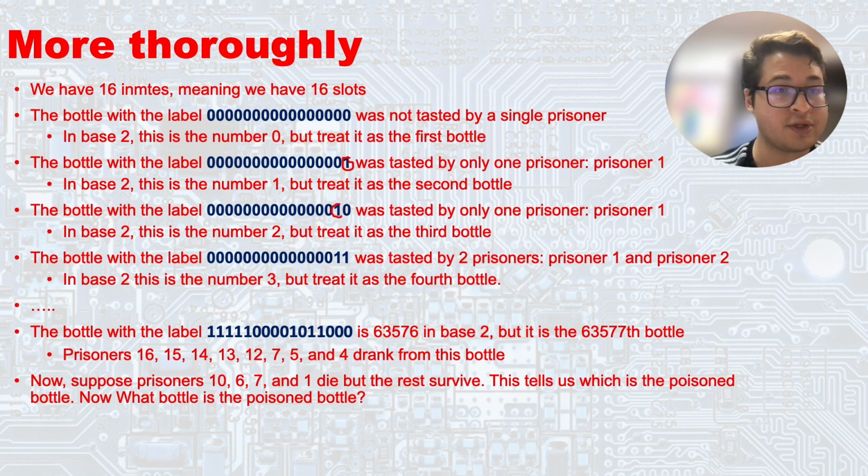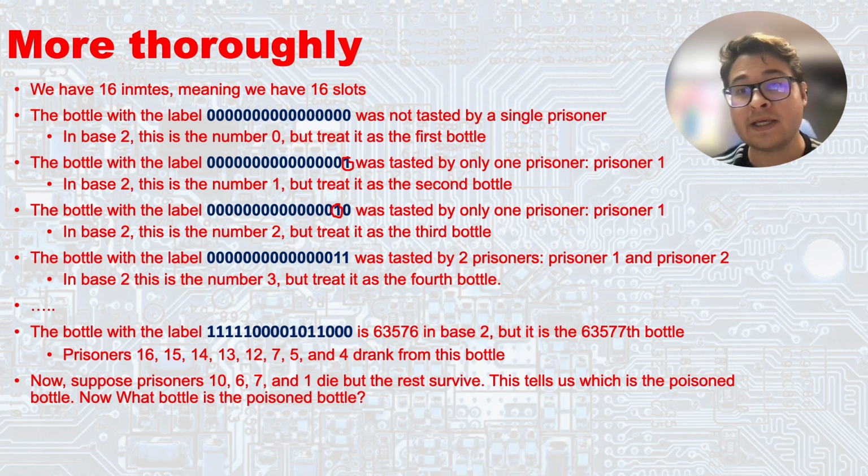if this bottle that was only tasted by prisoner number 2 ended up only killing prisoner number 2, the only one that died, then the bottle that represents the number 2 in base 2, which is actually the third bottle, is the poison bottle.